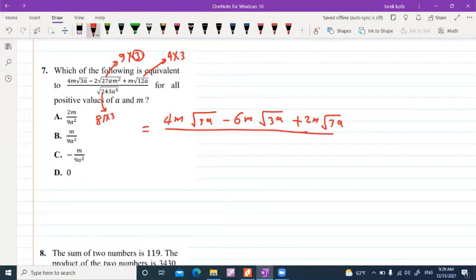The root of 81 is 9, so it will be 9 root 3. And this a to the power 5 can be a to the power 4 times a. The root of a to the power 4 equals a squared. So here you have a squared, and there is an a under the root. That's good. If you add the numerator, 4m root 3a minus 6m equals negative 2m. Negative 2m plus 2m equals 0. So finally it is 0.